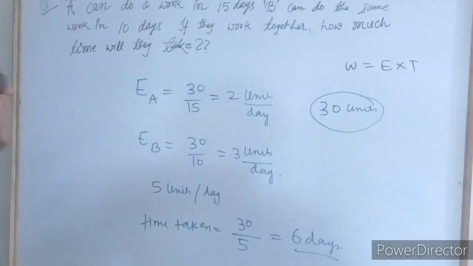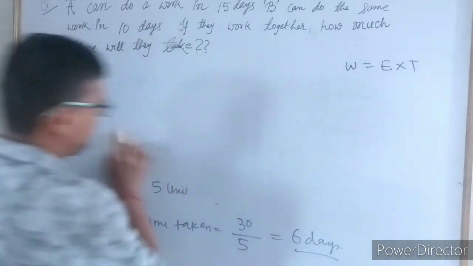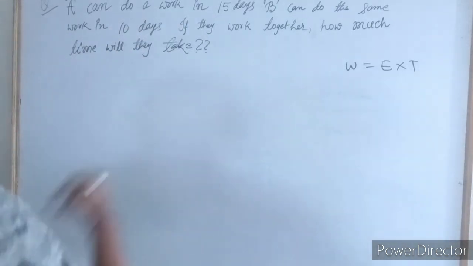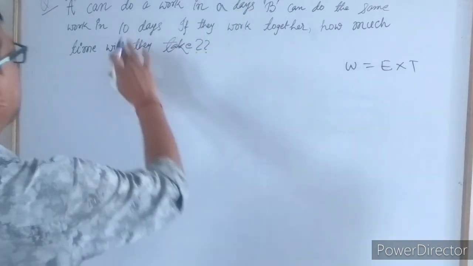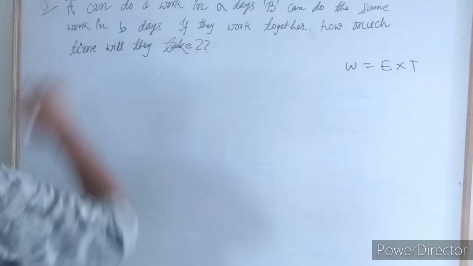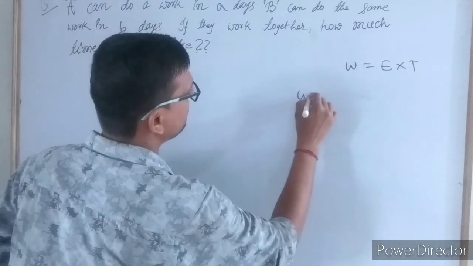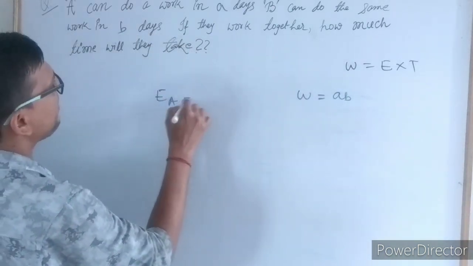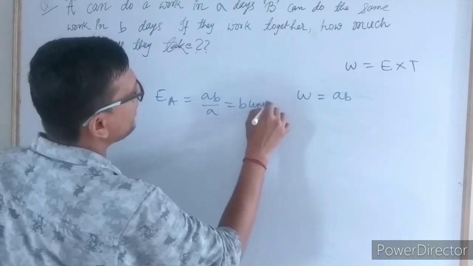Now let me generalize this question. If A can do the work in A days and B can do the work in B days, then how much time will they take? In this case, let us take our work to be AB. So the efficiency of A can be written as AB by A, which means B units per day.